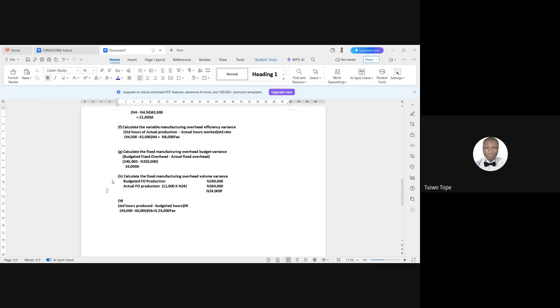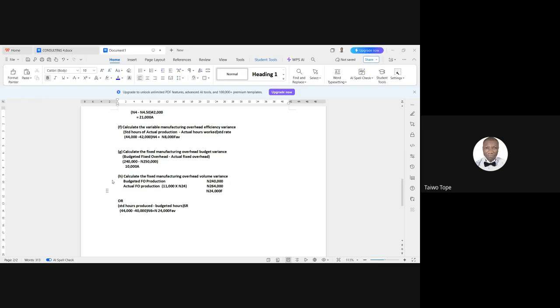And because we need to learn it, there is this question. Where is this question now? Okay, fixed overhead efficiency variance, fixed overhead capacity variance. I'm just trying to get a question now. Okay. Budgeted material usage, budgeted labor hours. All right.